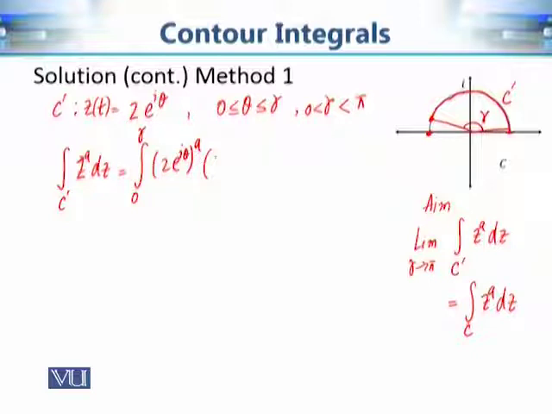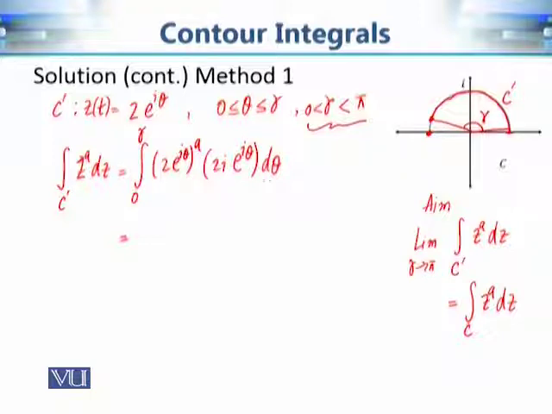And what is z prime of t? We can easily calculate, it's 2 iota e raised to power iota theta. So that's what we want to evaluate. Now we don't have to worry about the discontinuity of this integrand, because we have taken care of that by taking gamma to be less than pi.